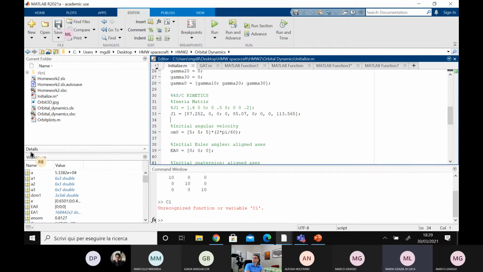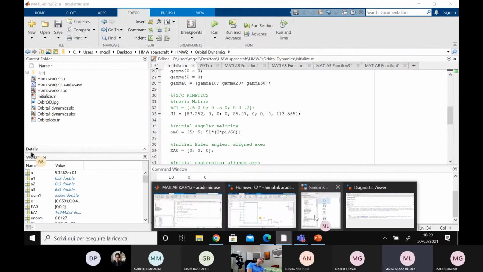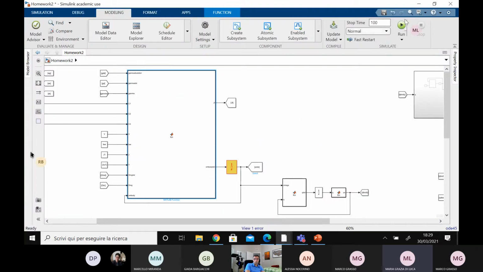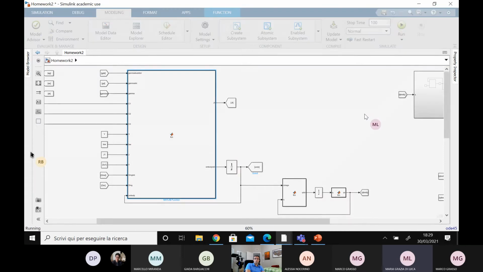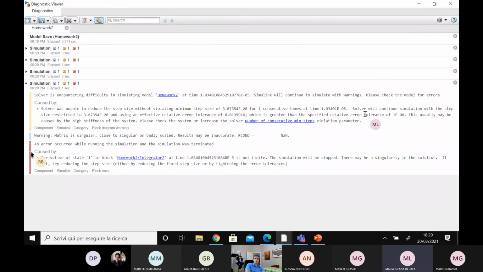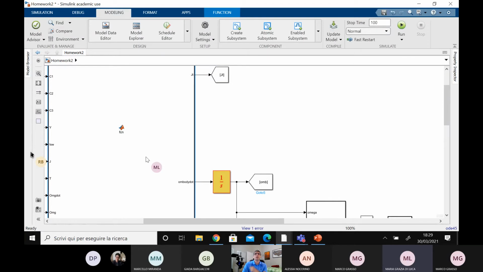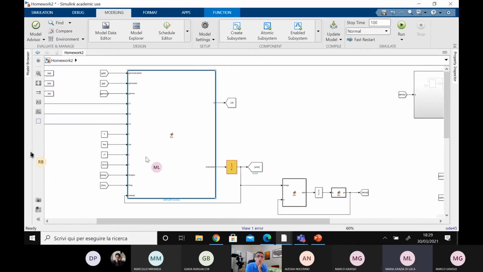Let's try. Yeah. No, it's always the same. I mean, it shouldn't ever become singular, even if the values are big or small. If it's a matrix of inertia, it shouldn't.